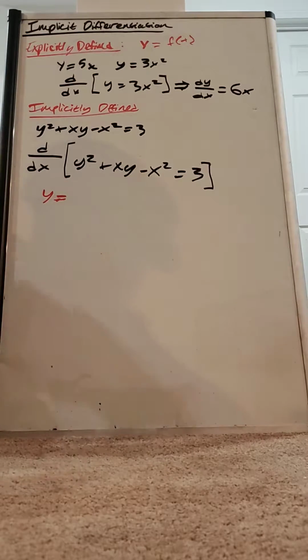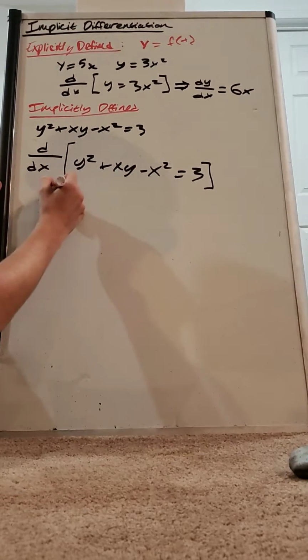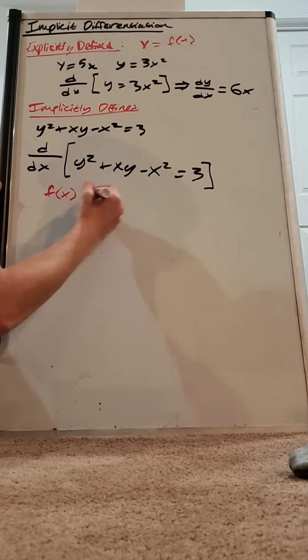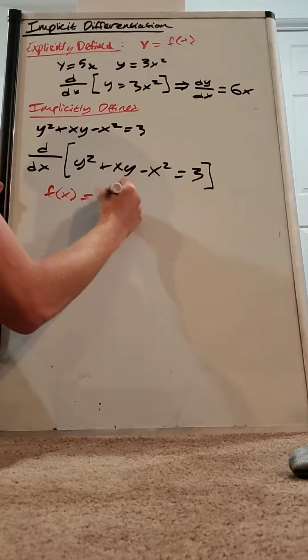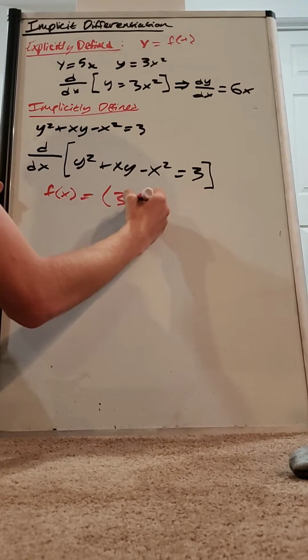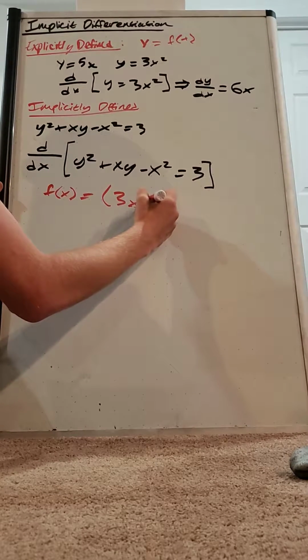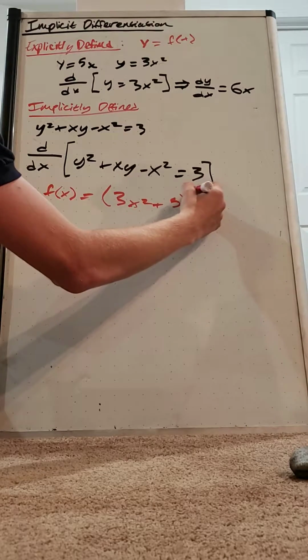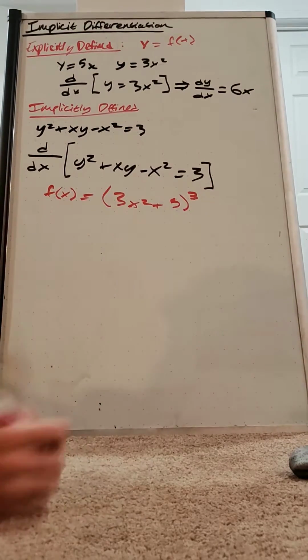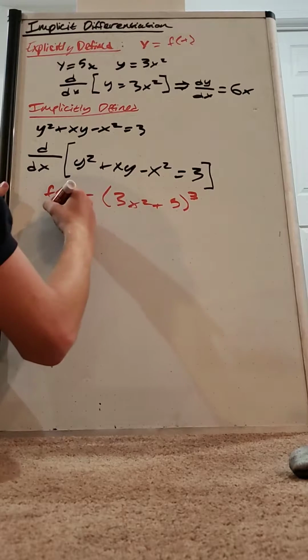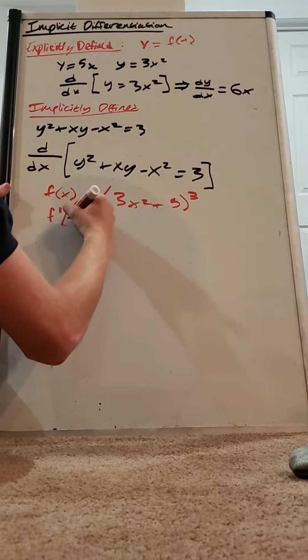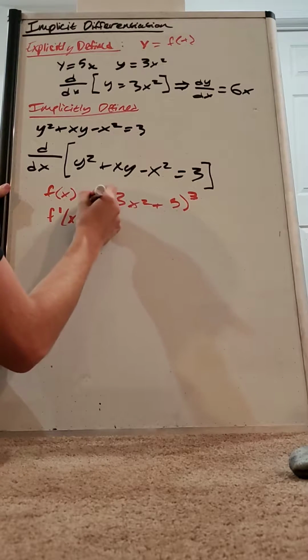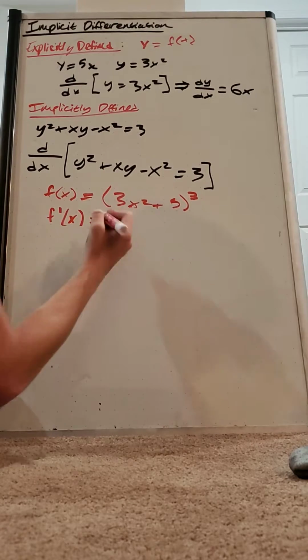if we said f of x equals 3x squared plus 5, all to the third, to differentiate this we would first have to use the power rule and then the chain rule.